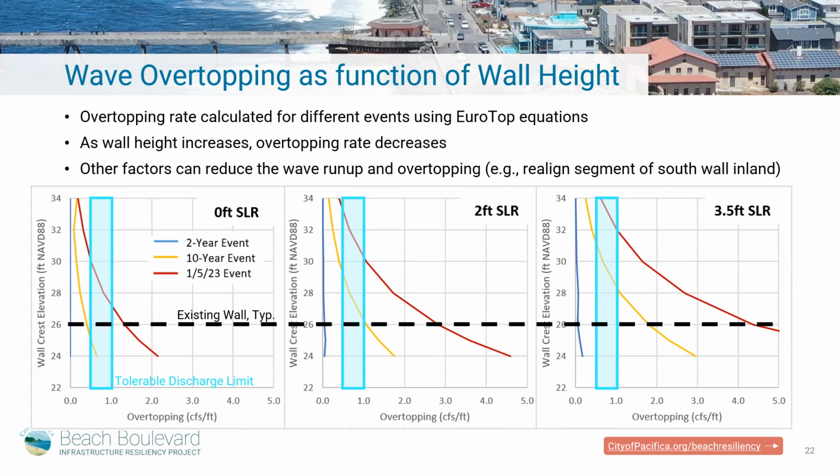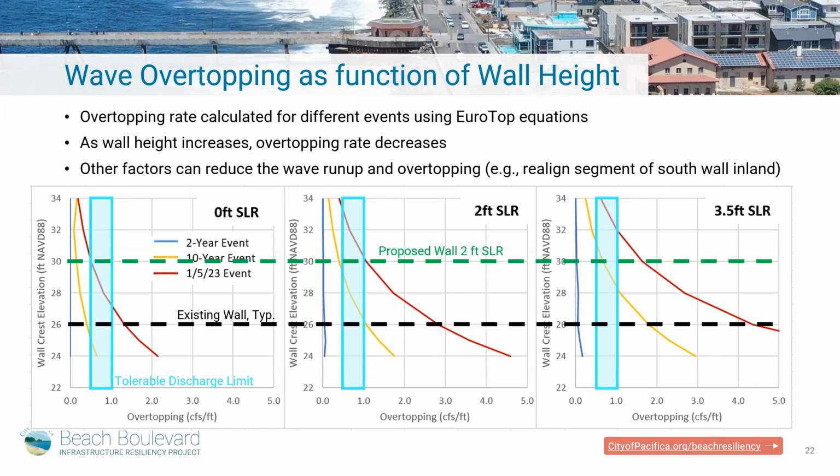This dashed line shows the approximate elevation of the existing wall, about 26 feet relative to NAVD, which is an elevation datum. So that wall crest is about 26 feet. Next slide.